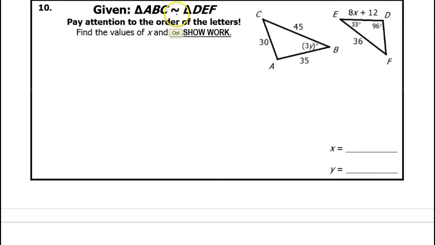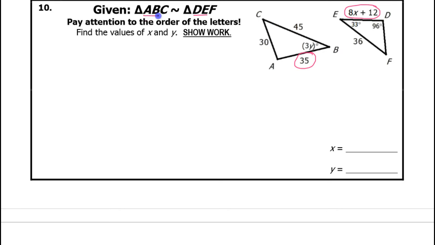When they give us a similarity statement, it gives us a lot of information because the order of the letters will tell us which sides are corresponding. So side AB is corresponding to side DE. So here's side AB and here's side DE. So these are corresponding, so I circled them.